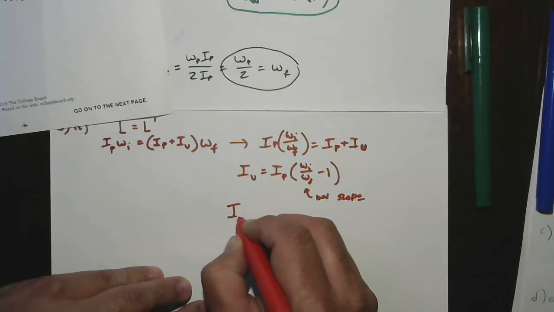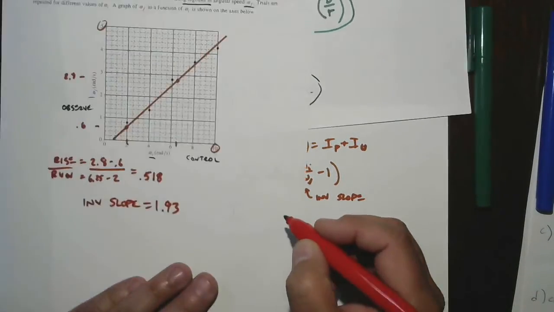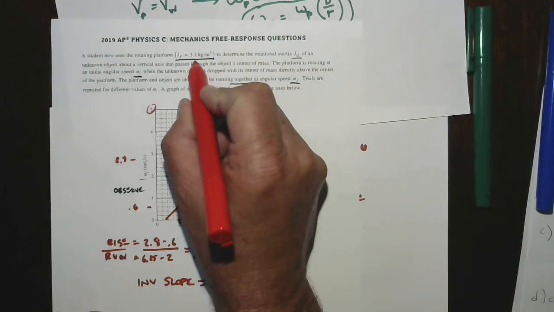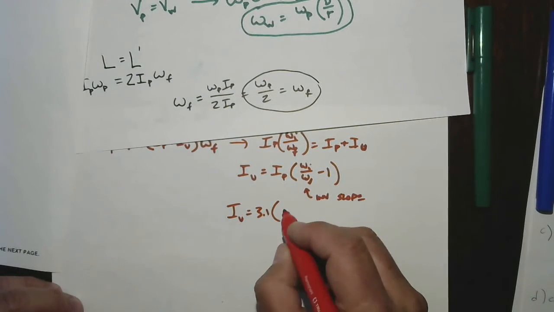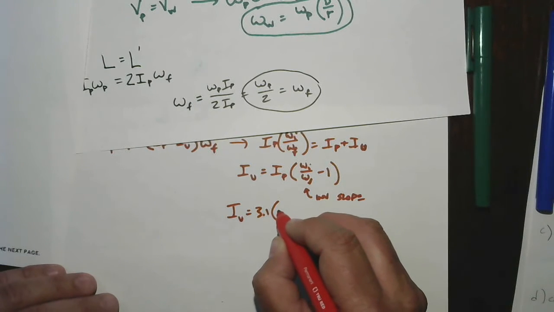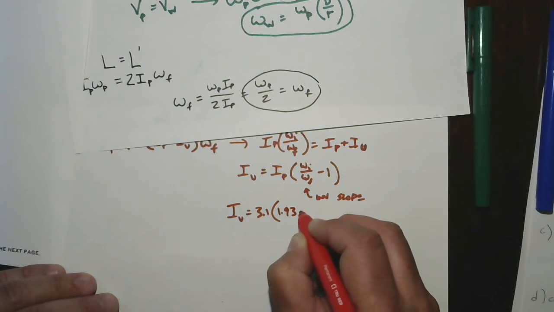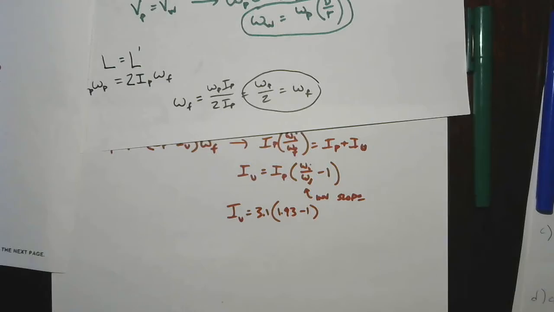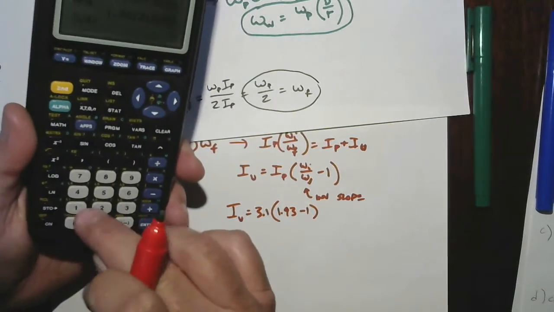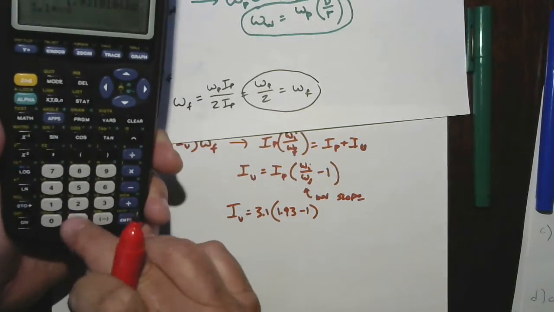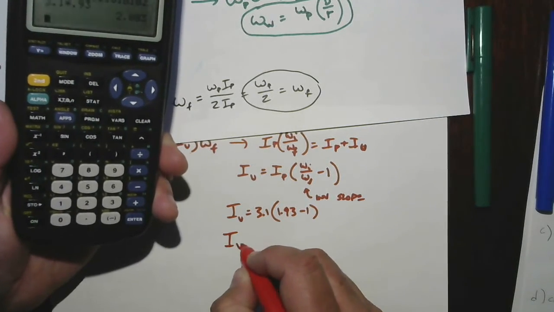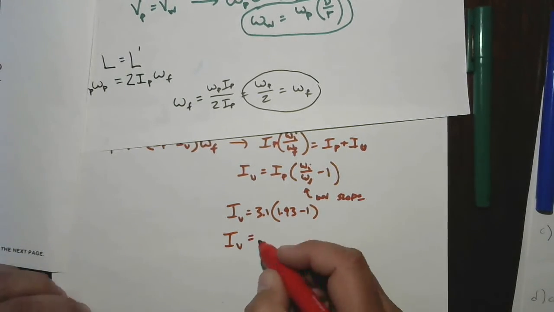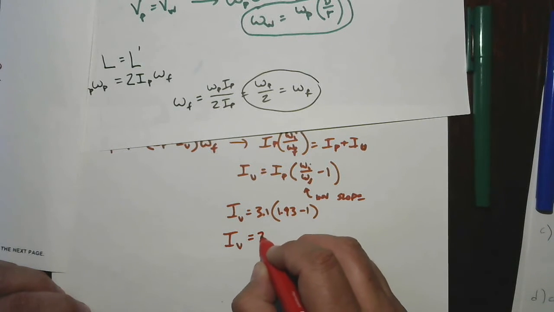That's because IU is going to be 3.1 kilograms, whatever, times 1.93 minus 1. So I'm going to take 3.1 and multiply it by 0.93, and I'm going to get an IU of 2.88.